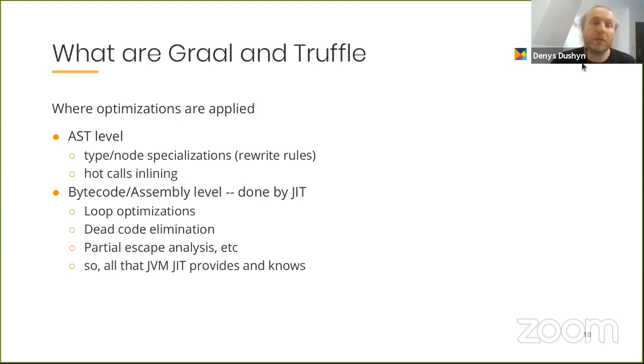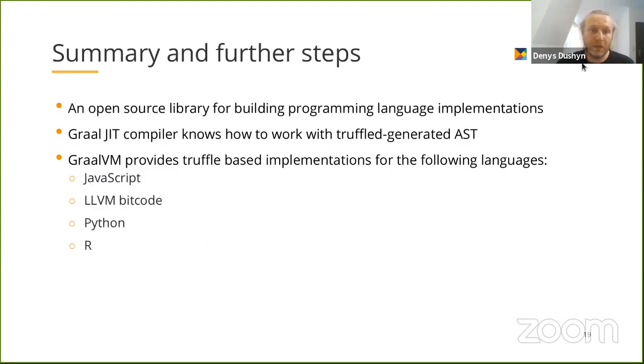So if someone wants to write a language, it's enough to implement a parser and also create specialized trees, which are called abstract syntax trees, mark some specializations, and run that program on top of the Graal virtual machine.